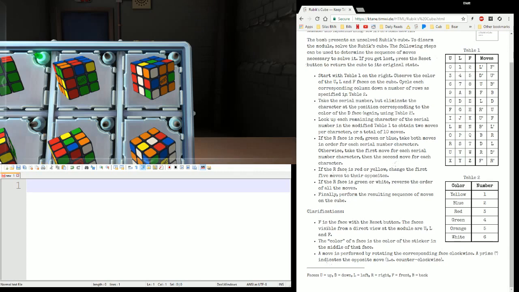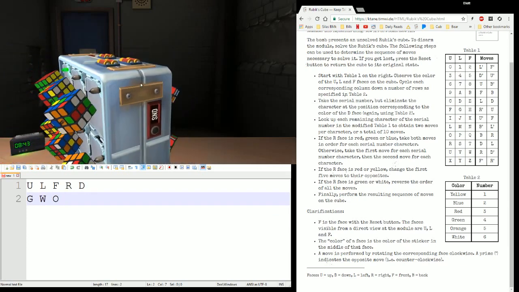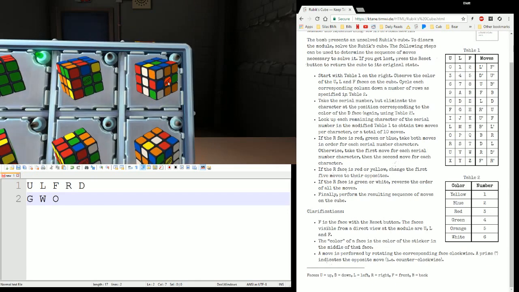So, going back to what we said is the diffuser, you're going to read off the 5 sides in the order up, left, front, right, down. So, the colors are green, and remember we're looking at the center color, green, white, orange, red, blue.